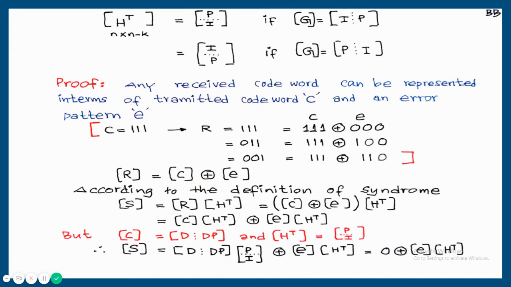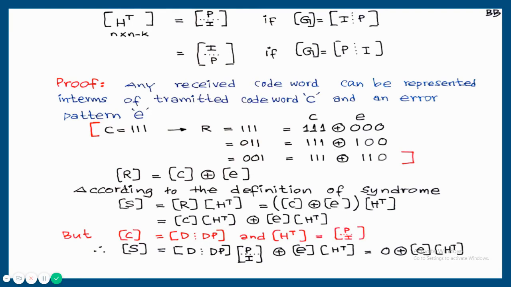And H transpose is P over I. That we got here, H transpose is P over I. So I am replacing here C and H transpose with the D dP and P over I. After multiplication, D multiplied with the P, that is DP, XOR DP multiplied with the I, that is again DP. So DP XOR DP, the first part will be 0. Second part is E into H transpose. So I can write S is equal to E into H transpose.